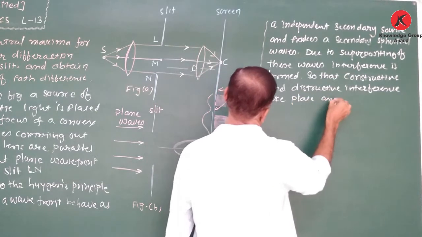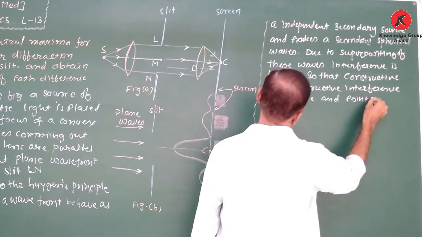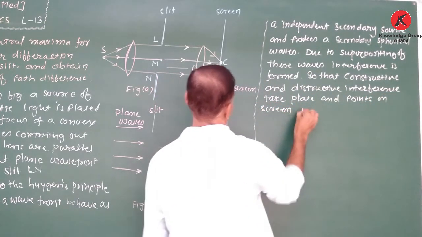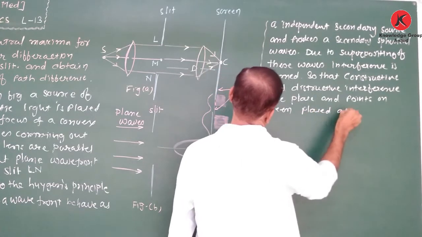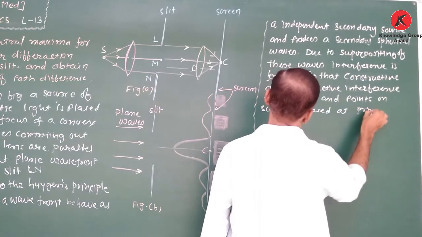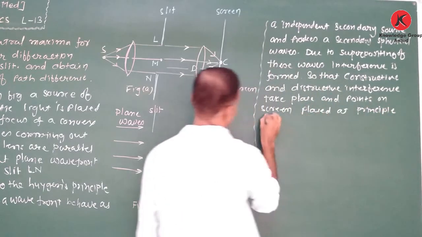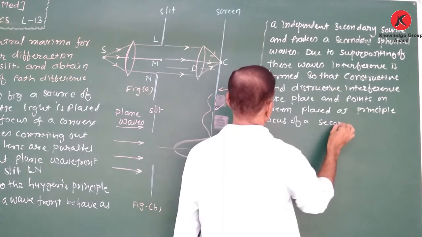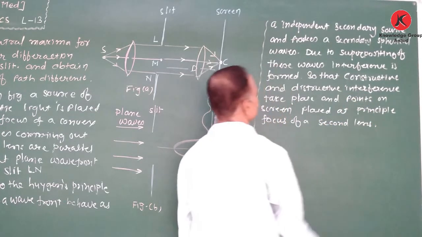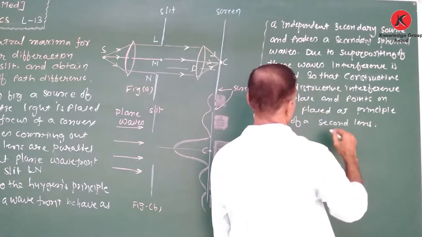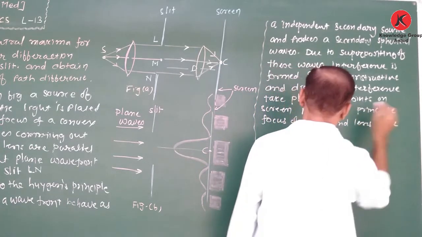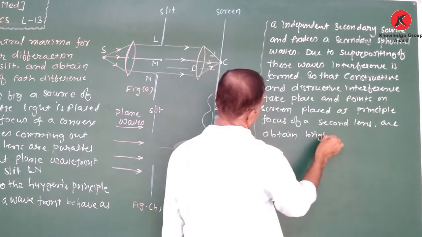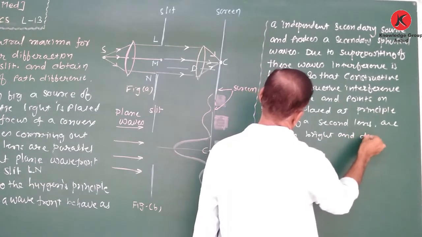The points on the screen placed at the principal focus of a second lens are obtained bright and dark.